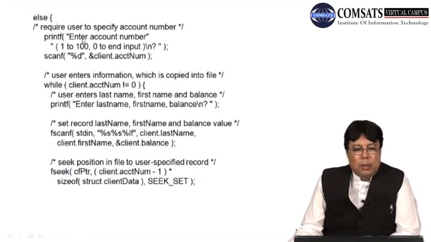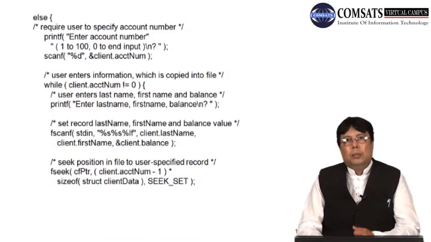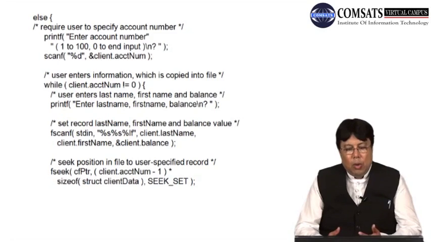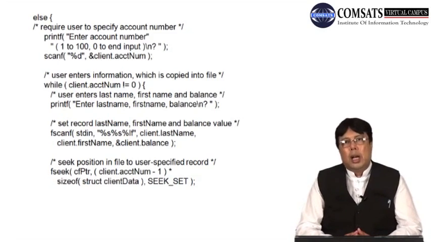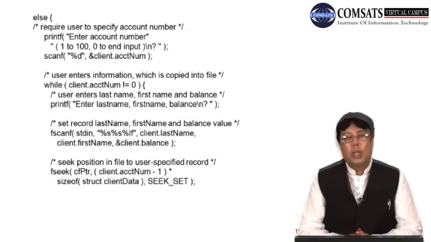We can ask the user to enter an account number. The user will enter an account number from 1 to 100, and to end the input, the user may enter, for example, 0, or anything you describe to that user.